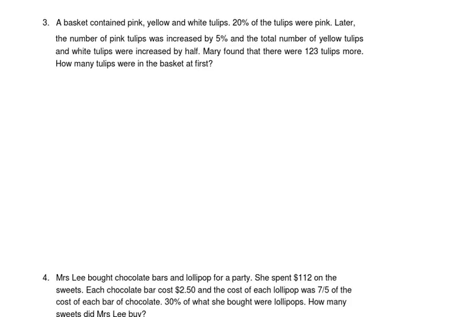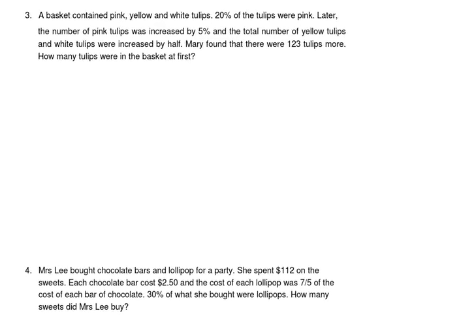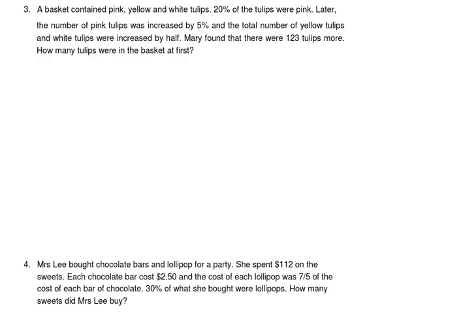A basket containing yellow and white tulips, 3 different color tulips. 20% of the tulips were pink. Later, the number of pink tulips was increased by 5% and the total number of yellow tulips and white tulips were increased by half.